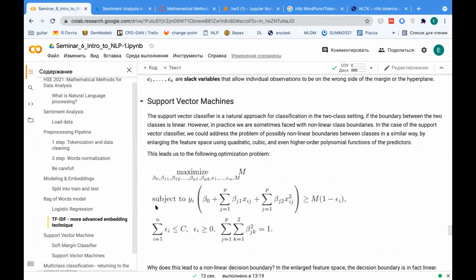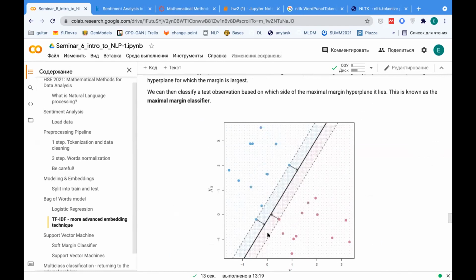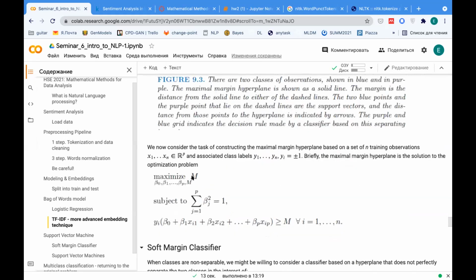And also we should remember that we can split our points not only with linear things. We can use something non-linear.